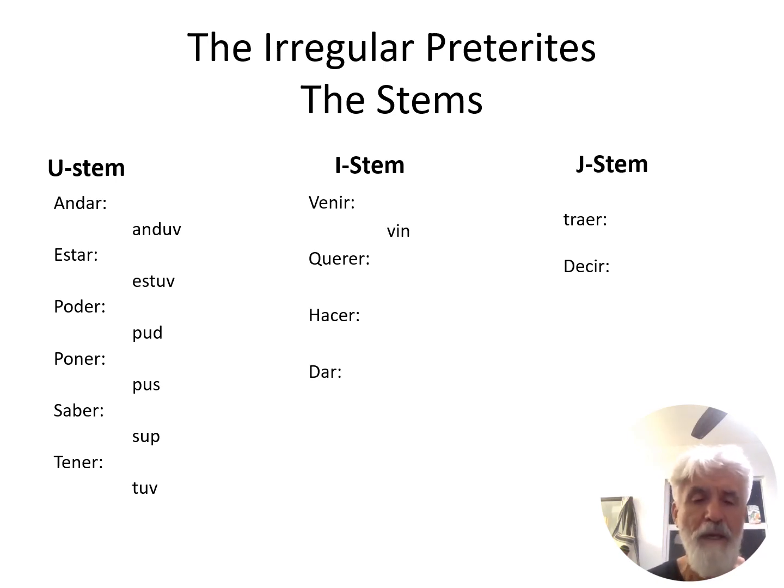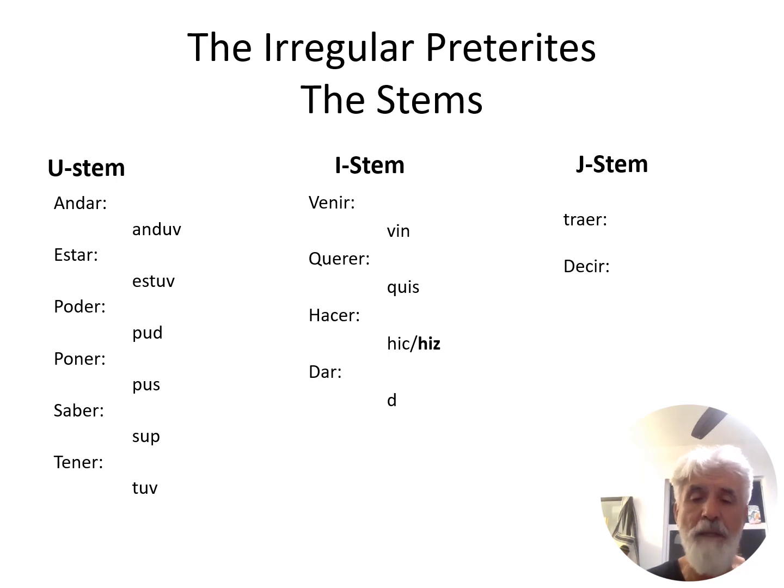Let's look at the I stems. Venir is vin. Querer, the verb to want, is quis. Hacer, to do or make, is hic, or in the third person singular, the él/ella form, it's h-i-z. And finally, for the verb to give, it's just a d, and then we'll put the endings on.